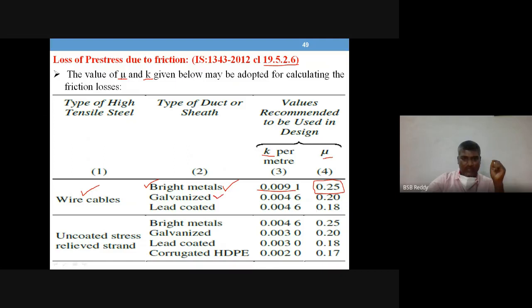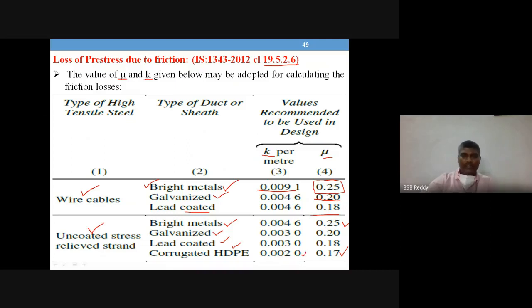Whereas galvanized materials have little bit lesser coefficients, lead coated will have the lowest value, and uncoated stress relieved strands, this is for strands, this is for wires in cables. For strands, even for bright metals, higher values. Galvanized material 0.2, little lesser value. Lead coated and corrugated HDPE pipes will have the lowest value of losses, friction and wave effect.